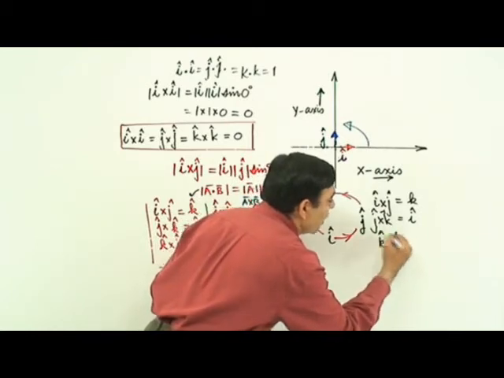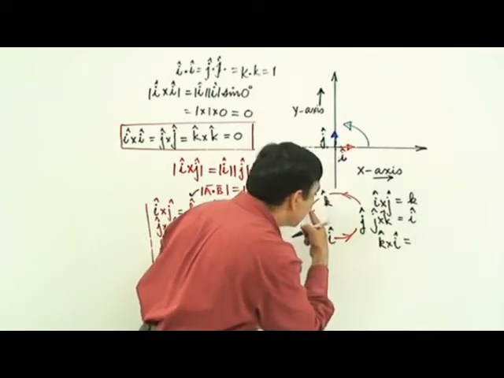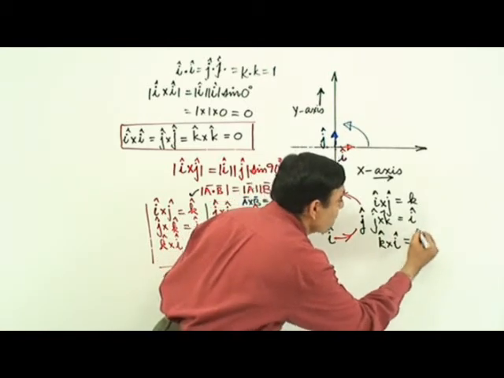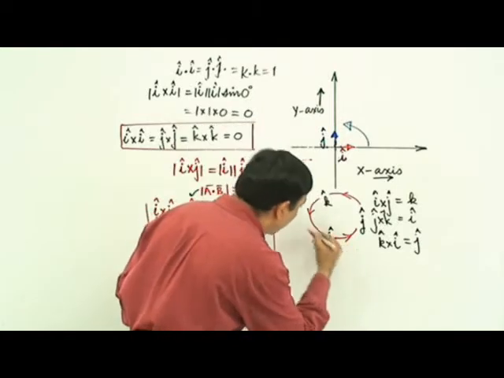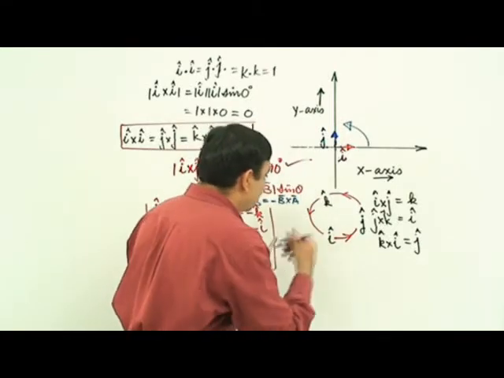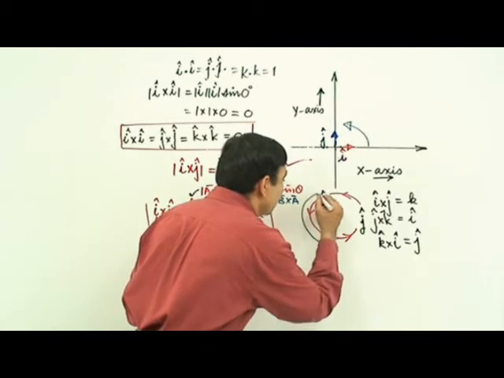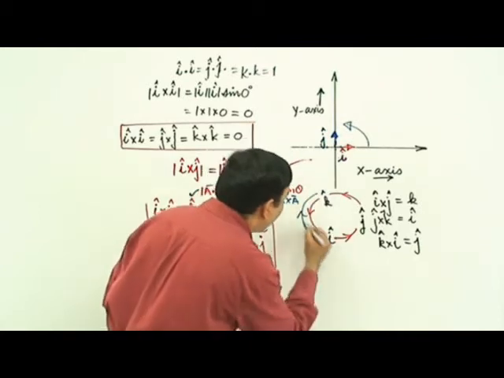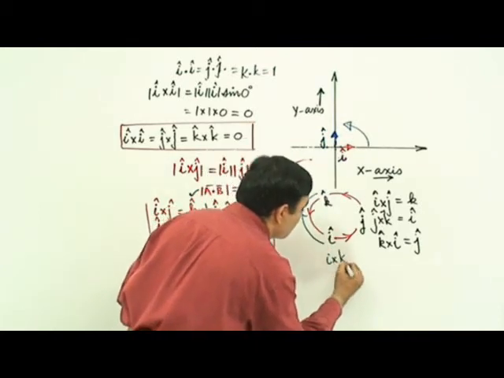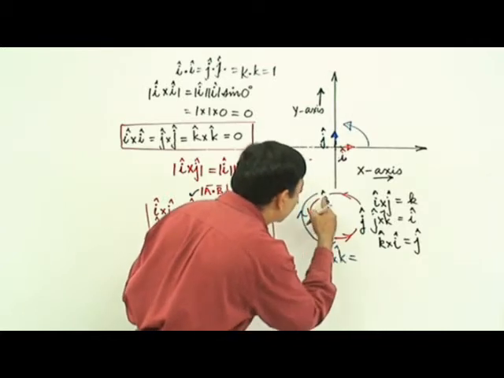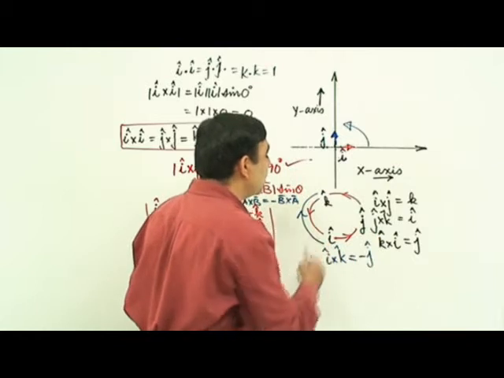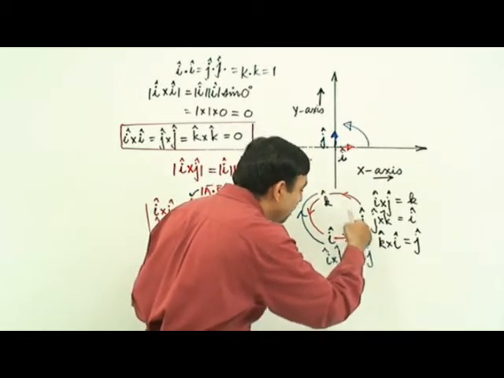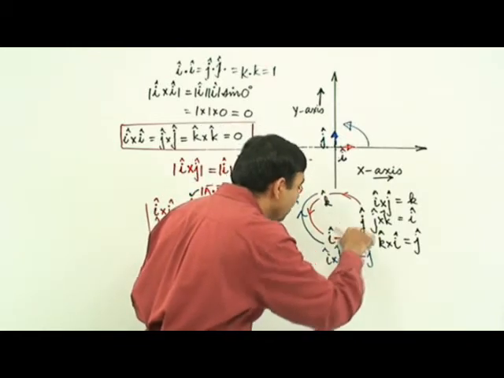And when you go clockwise, just take the negatives. If you go this way, then you need to take negative: I cross k is going to be minus j, because I am going clockwise now. Similarly, k cross j will be minus I, and j cross I will be minus k.